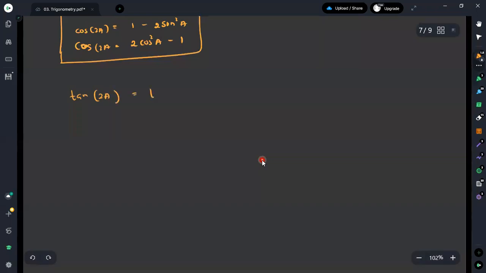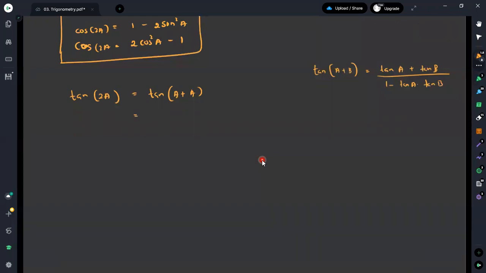Tan 2 times a can be written as tan of a plus a. What we know is that tan of a plus b is equal to tan a plus tan b divided by 1 minus tan a tan b. Then we can write this as tan of a plus a, with a instead of b.